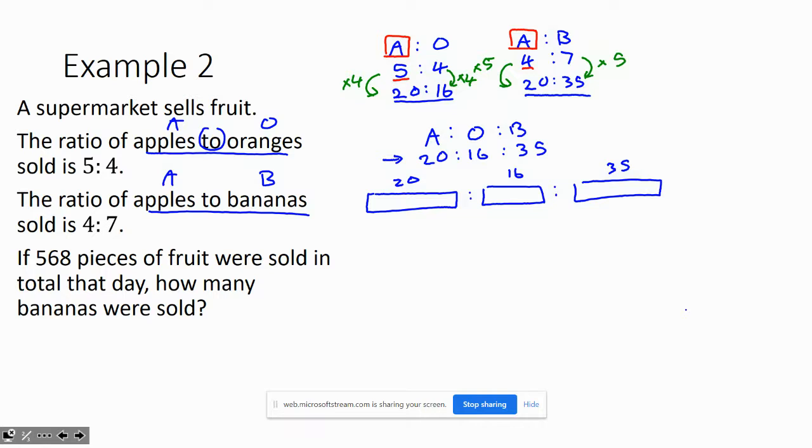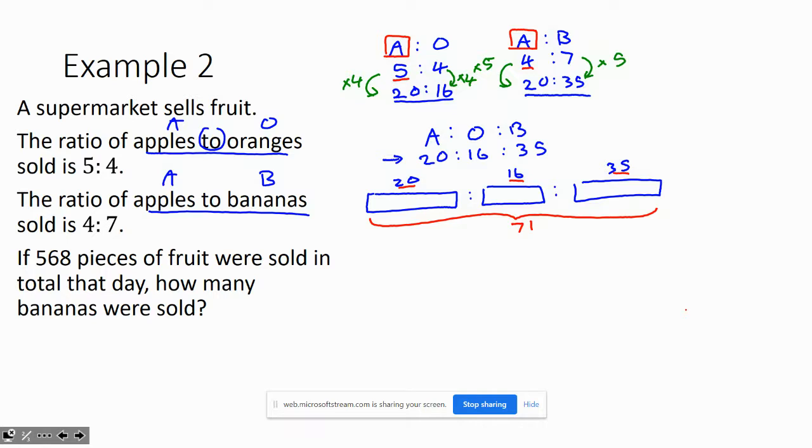But there's no need. What we can do is recognize, first of all, that altogether this is going to be 20 plus 16 is 36, plus 35 is 71.